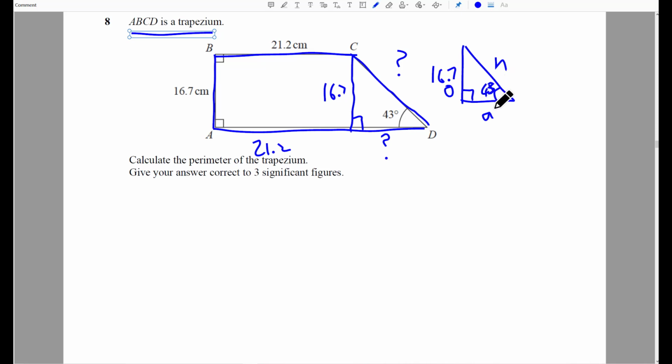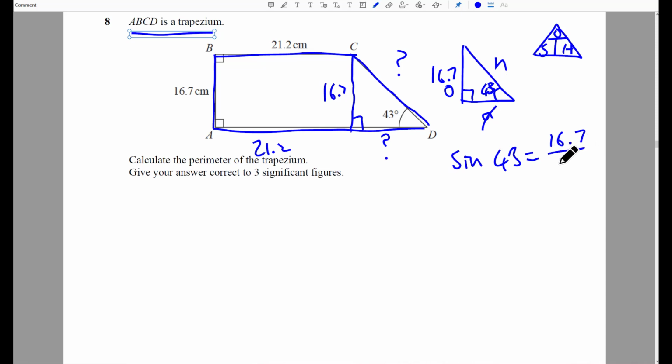Now, the adjacent is not going to give us any information, so I'm just going to cross that out for now. And we've got O and H, so we should know that's SOH. So we have sine the angle 43 equals O over H, so the opposite is 16.7.